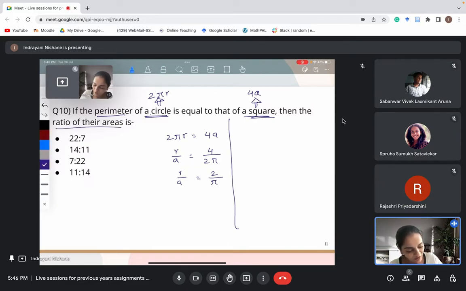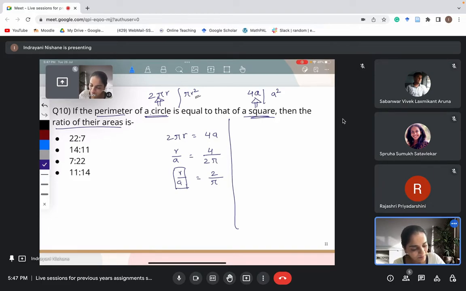The formula for area of circle is pi r square, and the formula for area of square is a square, right? So to convert this r by a into the ratio of their areas, we'll try to square it.